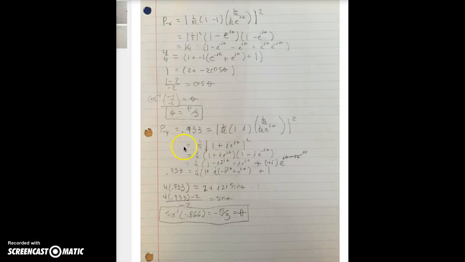And doing the same thing in the negative directions, we find the same theta values. For spin down on the x-axis, theta equals pi over 3. Spin down y-axis, theta equals negative pi over 3.